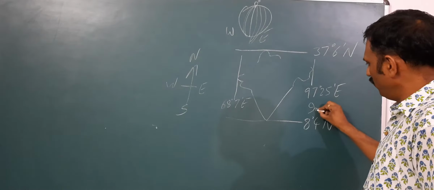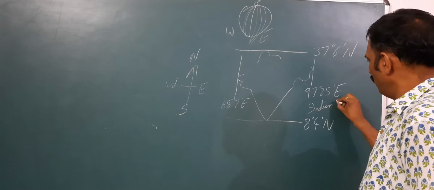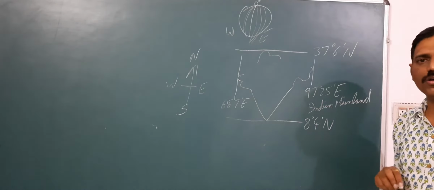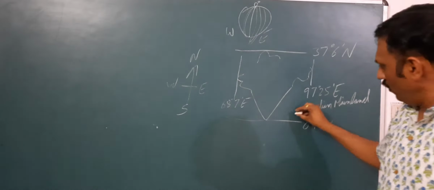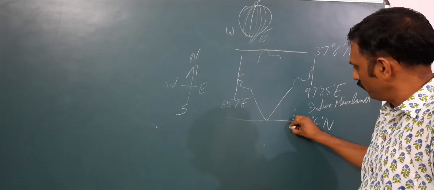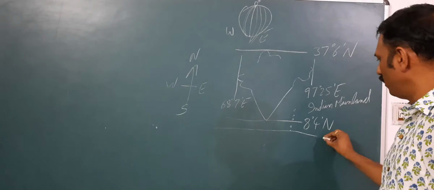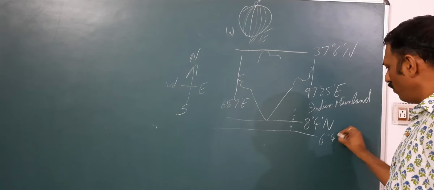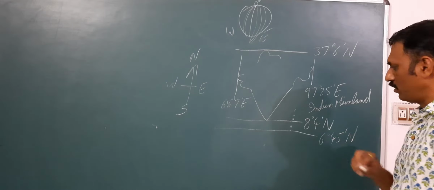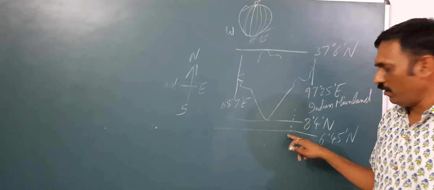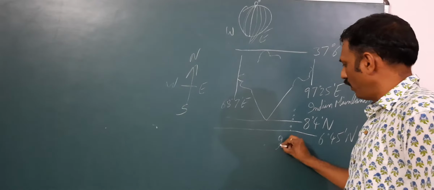Here we are talking about the Indian mainland, not the Indian Union. Now there are island groups also. The southernmost point of the Indian Union is 6 degree 45 minute north, the southernmost island of Andaman Nicobar, known as Indira Point.